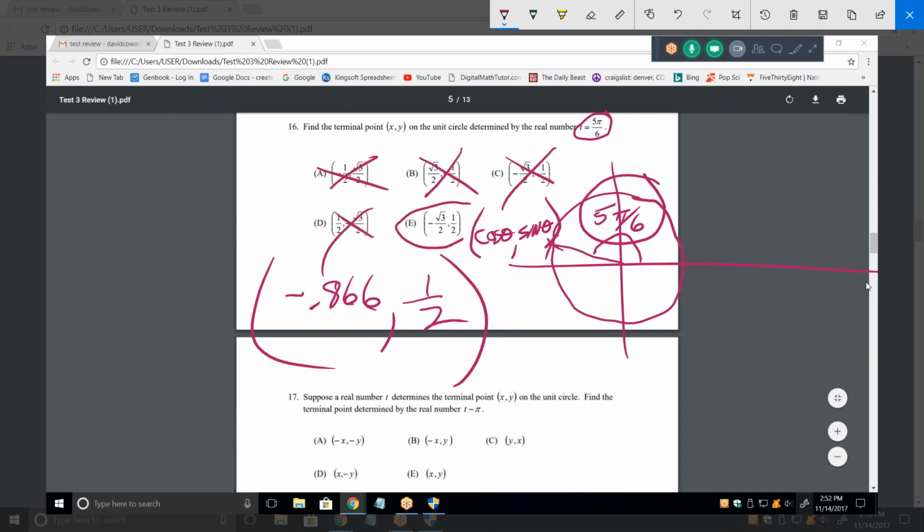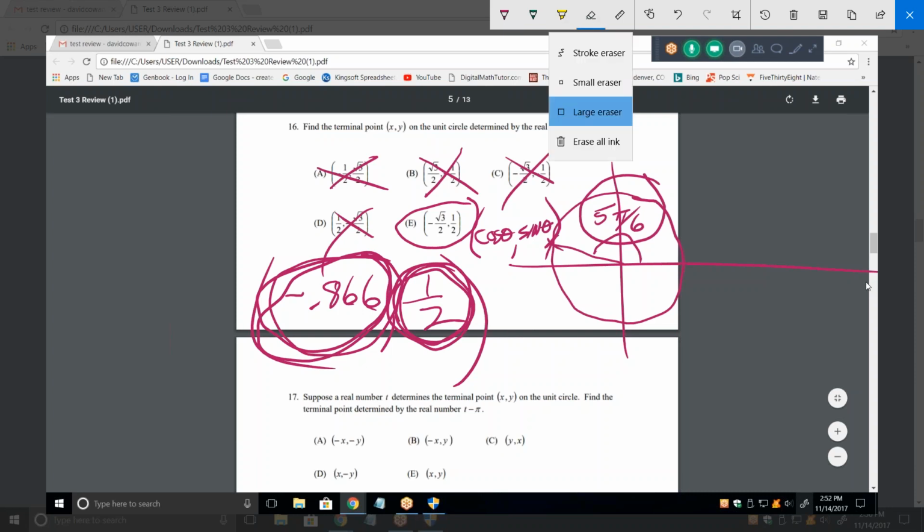The only one that has a y coordinate of 1/2 is that one right there. And square root of 3 over 2 is 0.866, so negative is negative 0.866. But they kind of made this easy. They didn't really make that a criterion for solving the problem. Once you found what the sine of theta was, you had your answer because they only had one that had a y coordinate of 1/2.